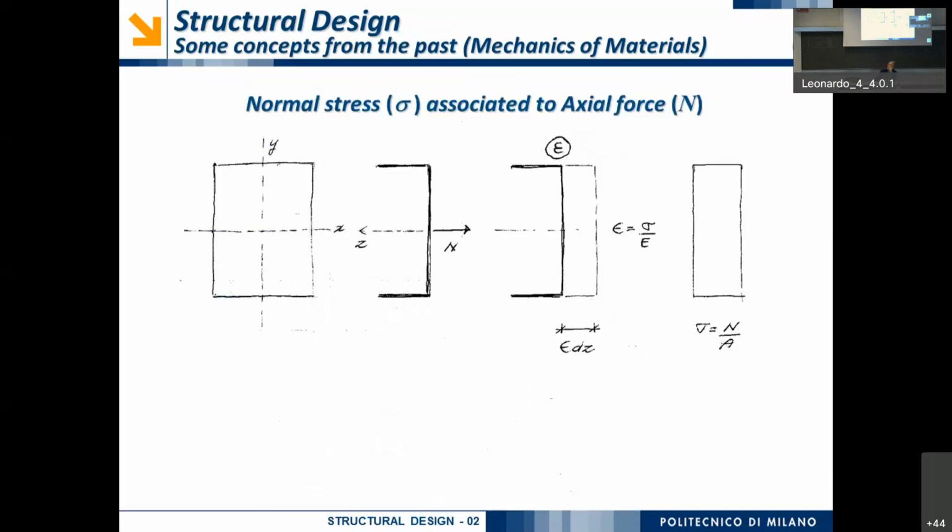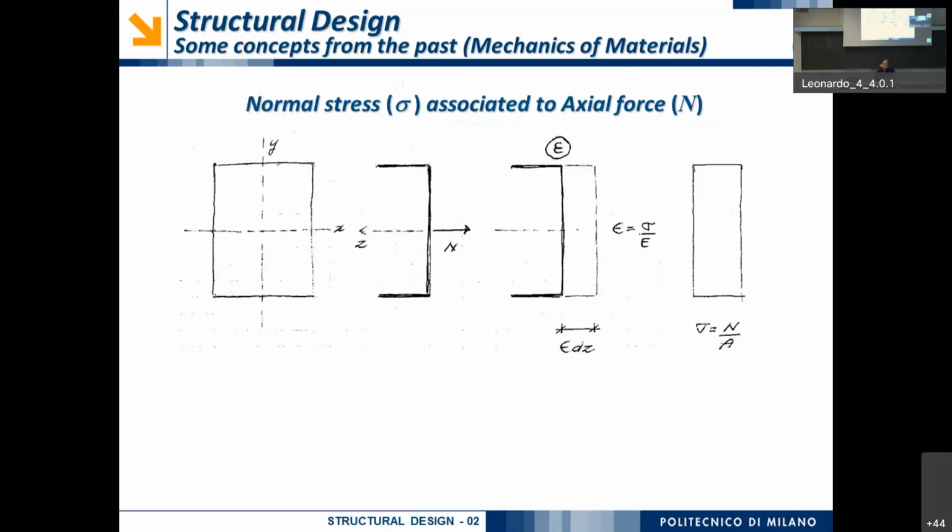Now, let's come back to our beam, and let us assume that there is an axial force applied to the beam, okay? If I'm considering the beam as made of a series of independent fibers, what do I expect?